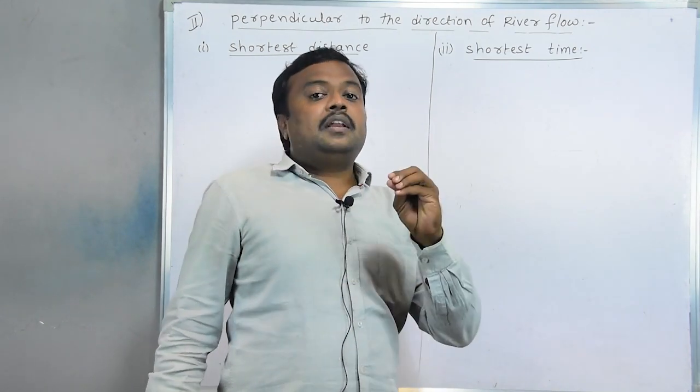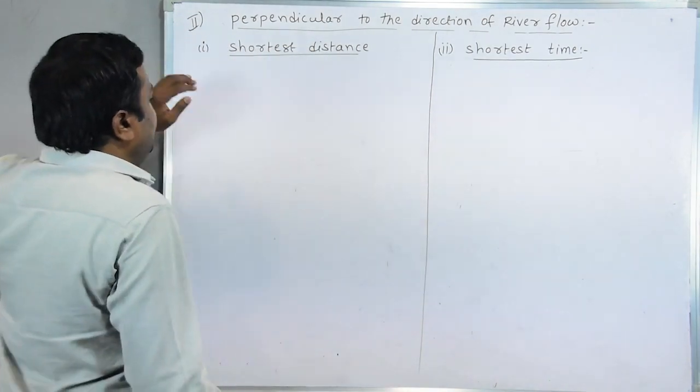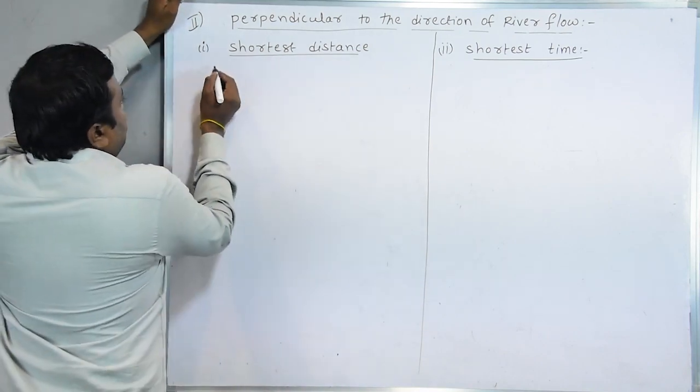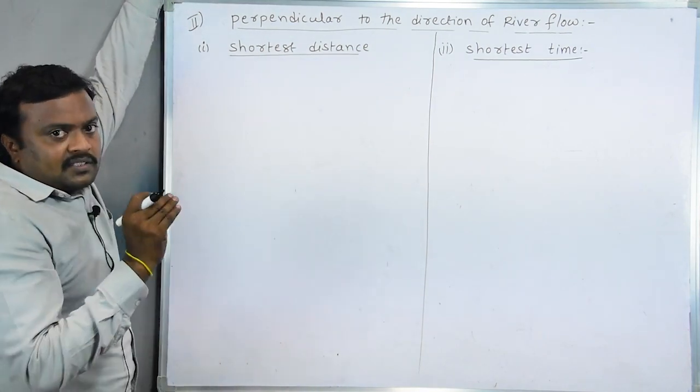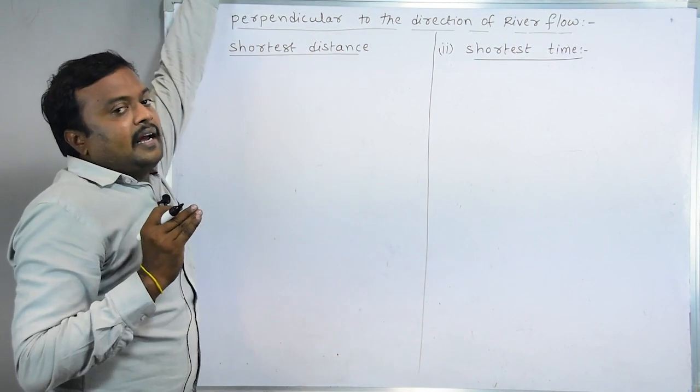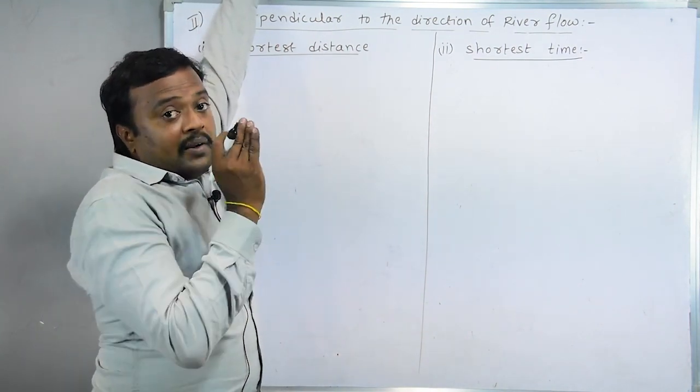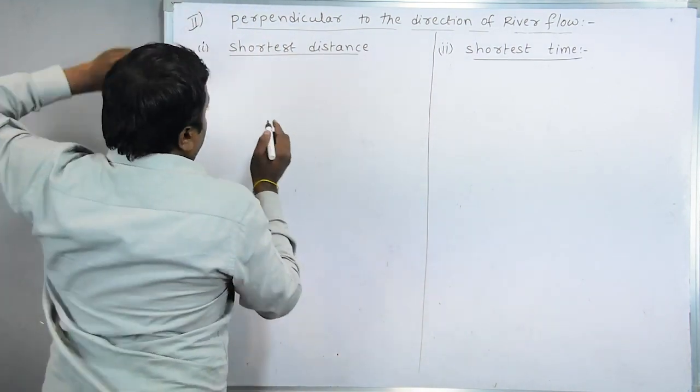Here, perpendicular means the boat must travel along the line perpendicular to the direction of river flow.